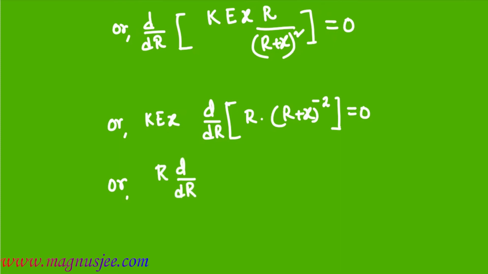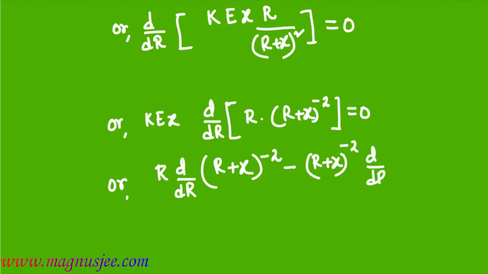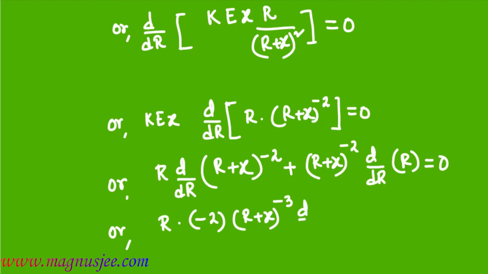R is brought outside d/dR of (R plus X) whole to the power minus 2, plus (R plus X) to the power minus 2 d/dR of R equals 0. Or R into minus 2 (R plus X) to the power minus 3 d/dR of R plus X, plus (R plus X) to the power minus 2, and d/dR of R is 1, into 1 equals 0.